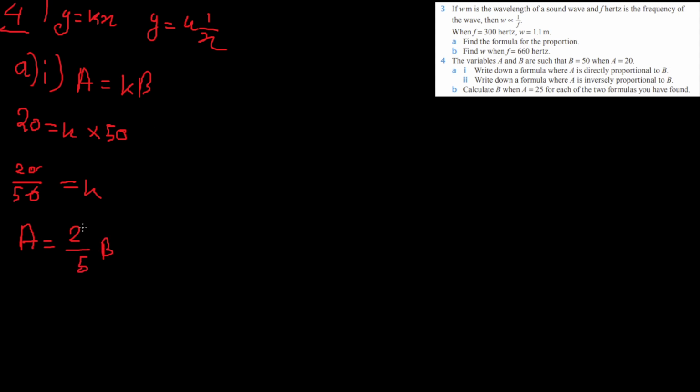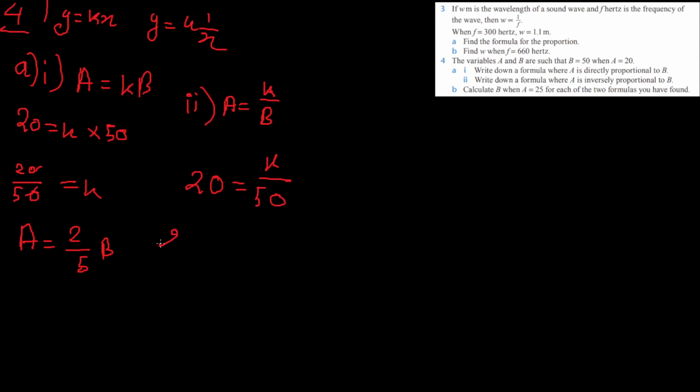And for our indirect one, let's write down 2 here. We can input a equals k by b. We put down the values here, so 20 equals k by b, and b is 50.